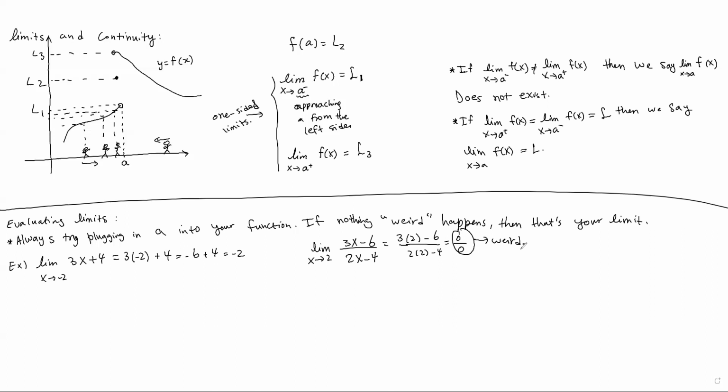Okay, now let's see what are these weird cases. So we have 0 over 0. That's one of the stuff that we had here. We also have plus minus infinity over plus minus infinity. These are the weird cases that you're going to deal with in Unit 1 type questions.